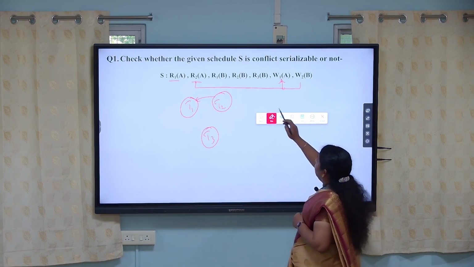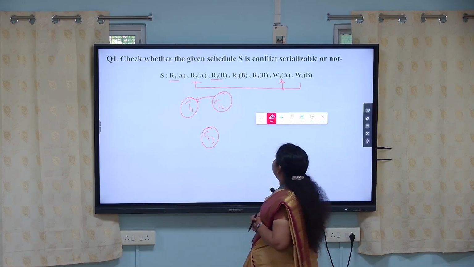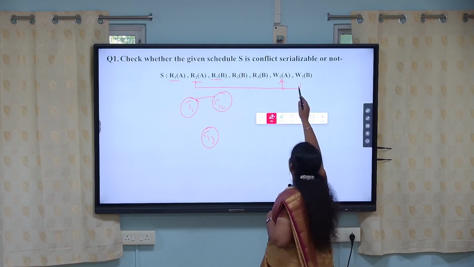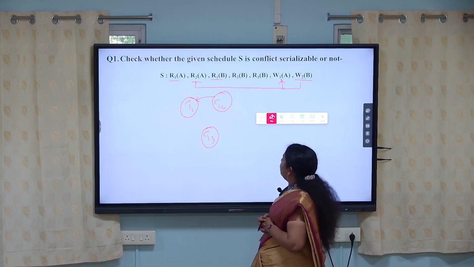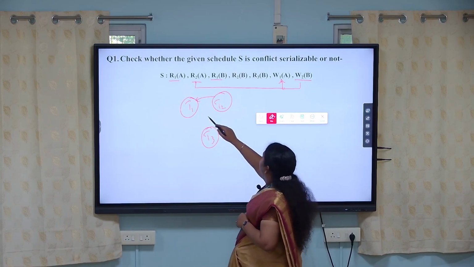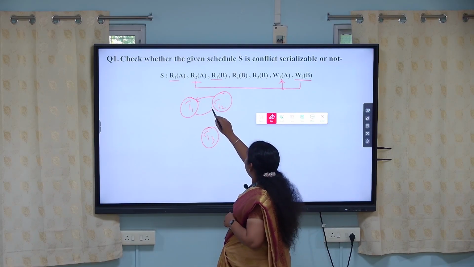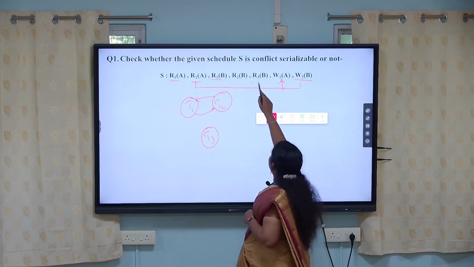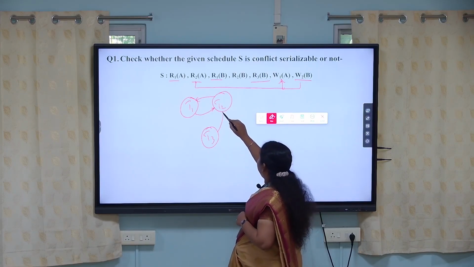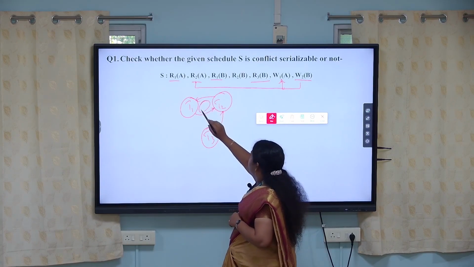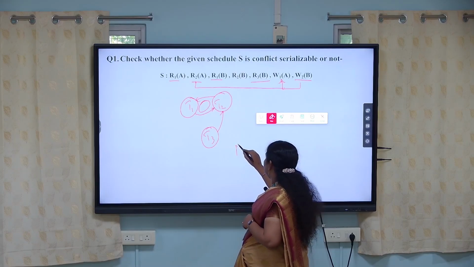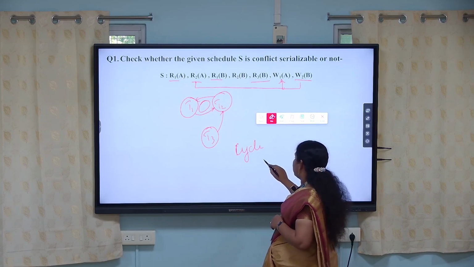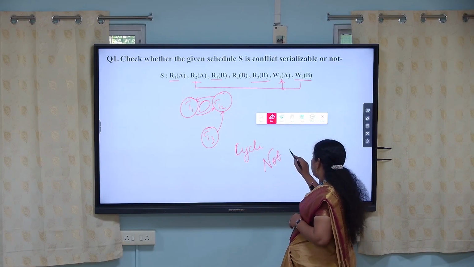This is a read operation on a different data item. Similarly, here you have a write operation on the same data item, and this creates a conflict, and the third one is also a conflict. So this forms a cycle. When there is a cycle in the precedence graph, it is not conflict serializable.